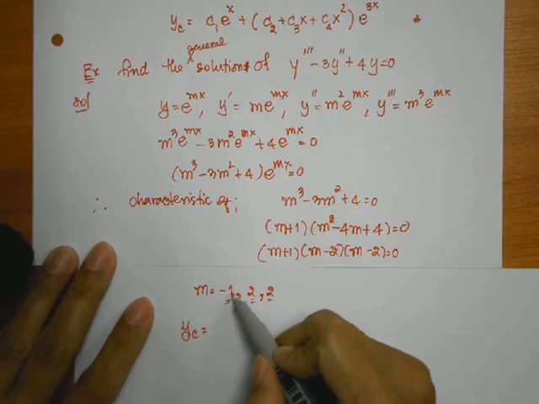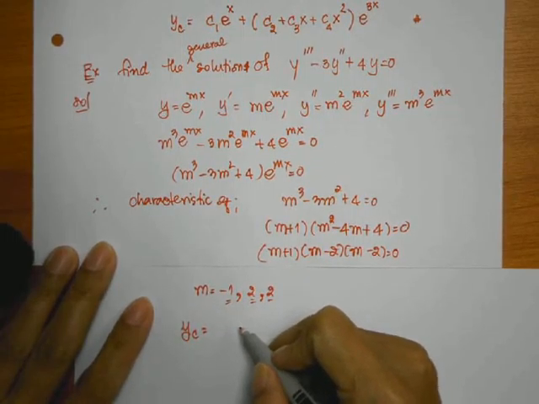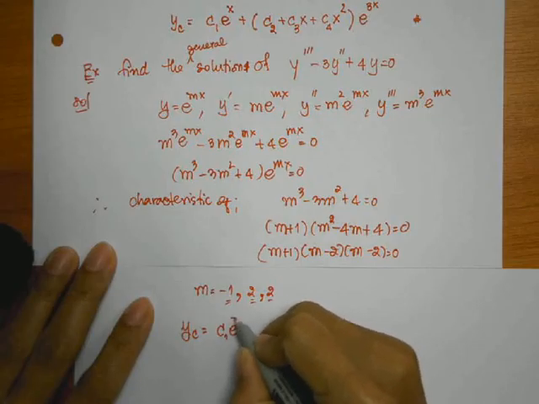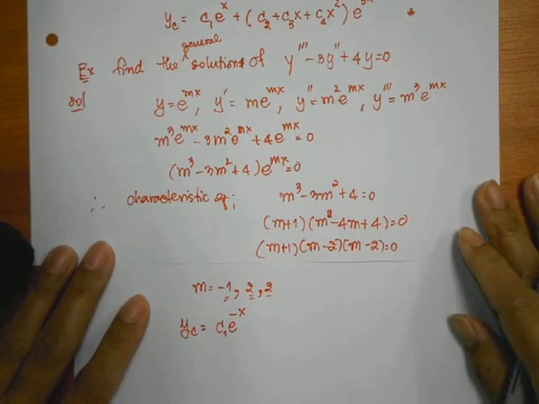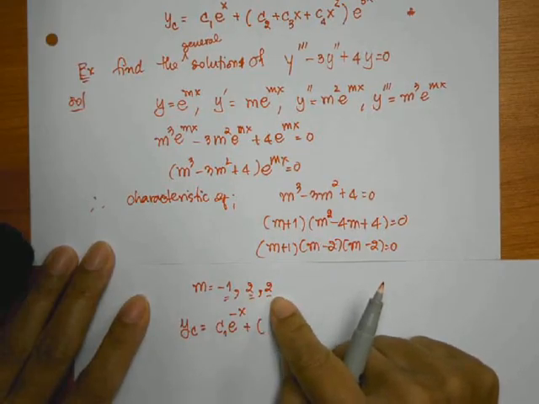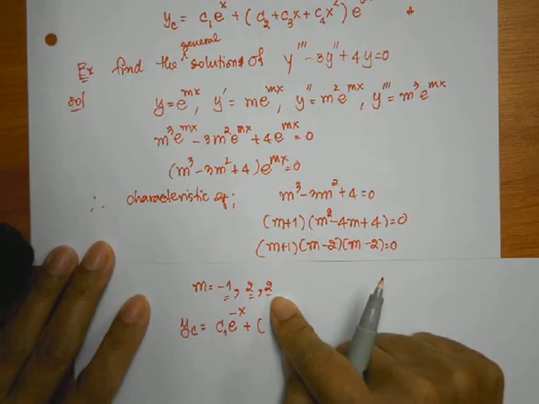So the first one, for m equal to -1, you get C1 times exponential of -x, okay? And for 2, how many times is it repeated? 2 times, right? So that means k is equal to 2.